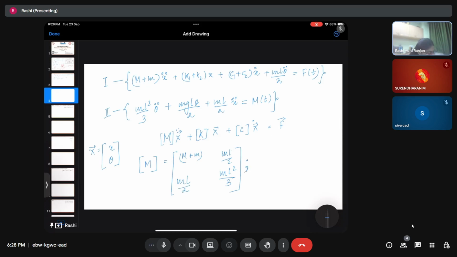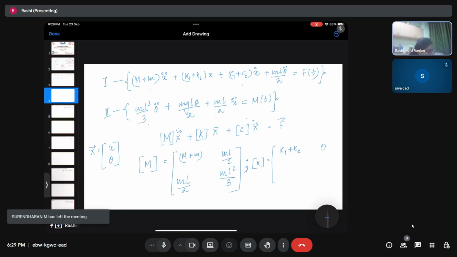Similarly, we are going to get the stiffness matrix K as K1 plus K2, 0, because here we don't have any term of theta. Then again over here we do not have any term of x, so this is going to be 0, and mgl by 2. Okay, I hope this is clear.